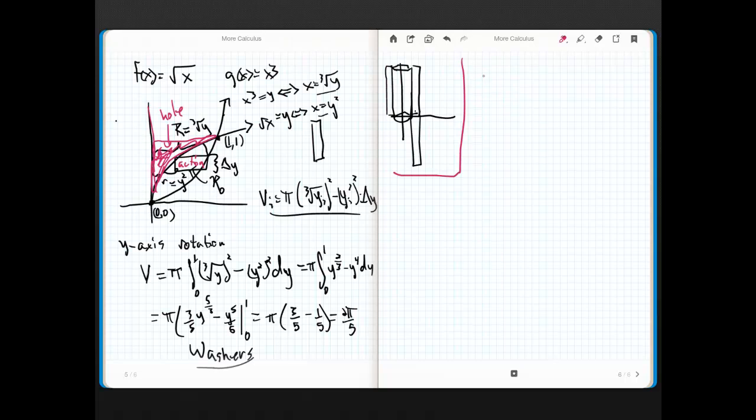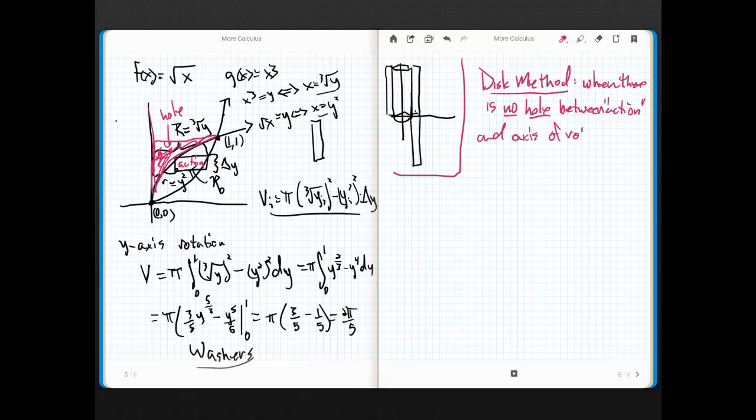All right, to recap, I'm going to use the disk method. The disk method is when there is no hole between the action and axis of rotation.